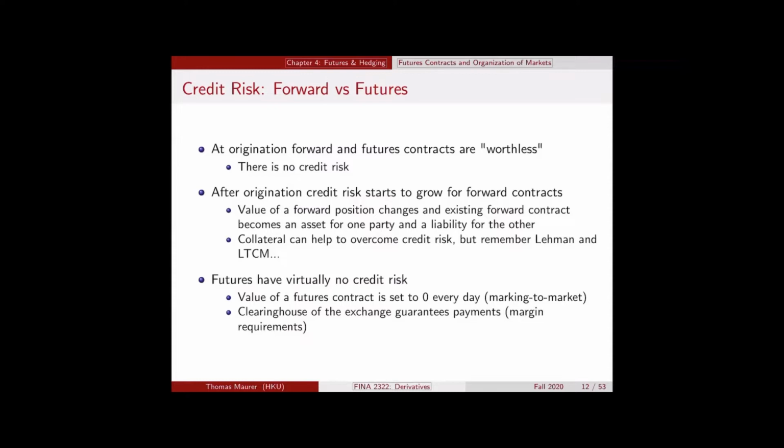The long position will expect to receive some money in the future, while the short position expects that they have to pay some money. So if there are no collateral requirements, then the long position may now be worried that the short position will not be able to make that payment in the future, or may not be able to deliver that underlying asset at the relatively low price.